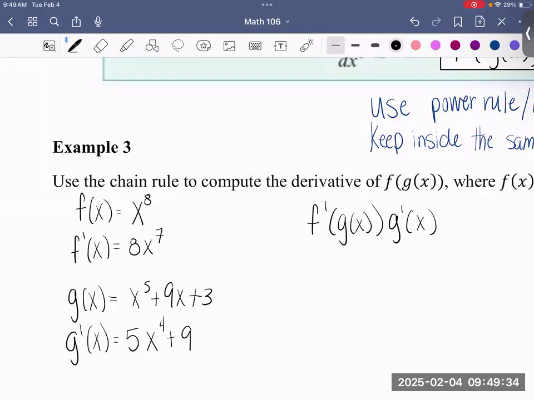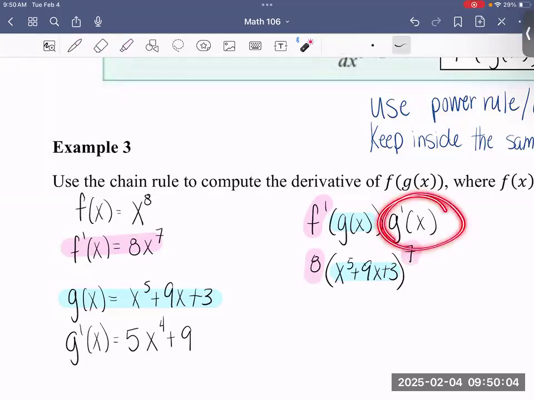It just says, okay, take the derivative of f of x. So that would be right here: 8, leave a gap, x to the 7th. But keep in mind, on the inside, there is g of x. So we're going to replace that x with your g of x, keeping it underived. And that's coming from here.